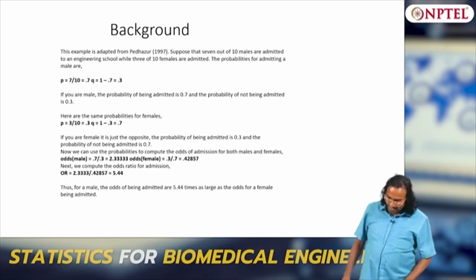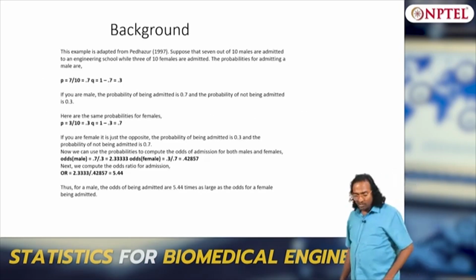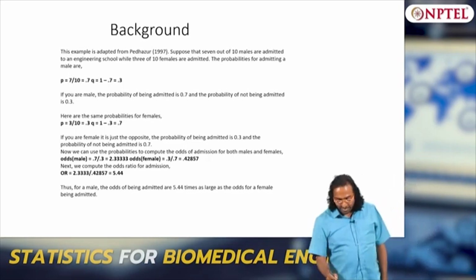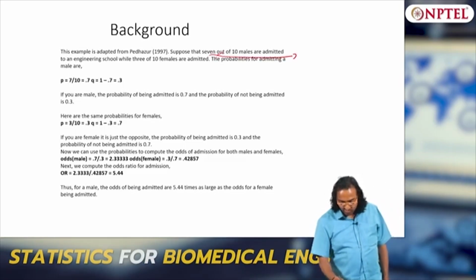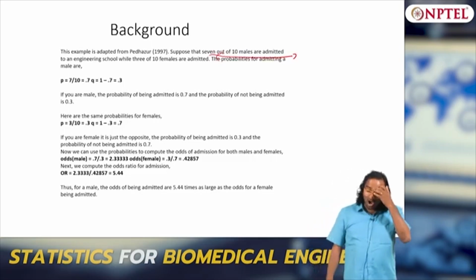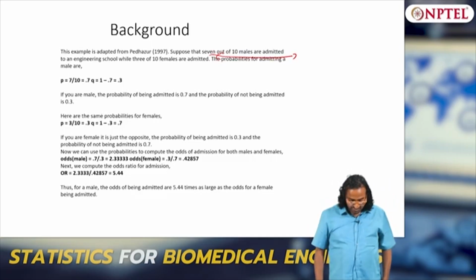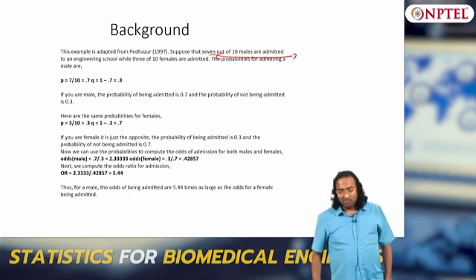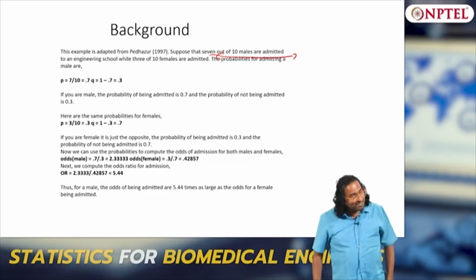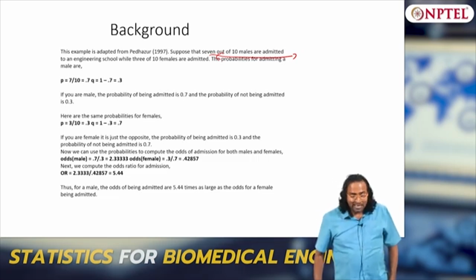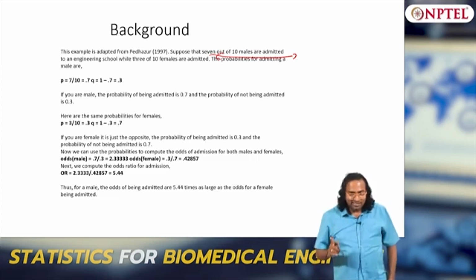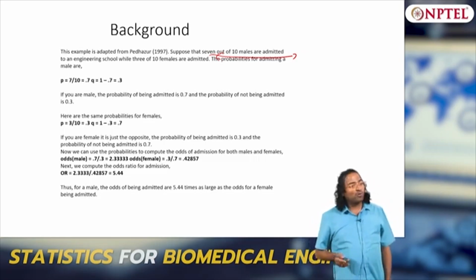I have given an example for the sake of completion. Let us say 7 out of 10 males are admitted to an engineering school. Then what is the odds of a male? Probability is 7 by 10, and odds is 7 by 3, success by failure, and for a female it is 3 by 7. So what is the odds ratio now?